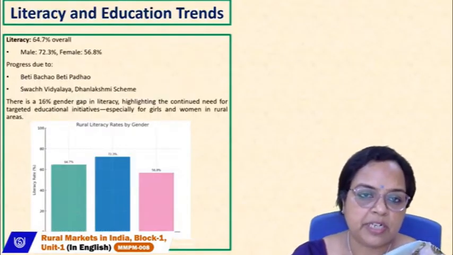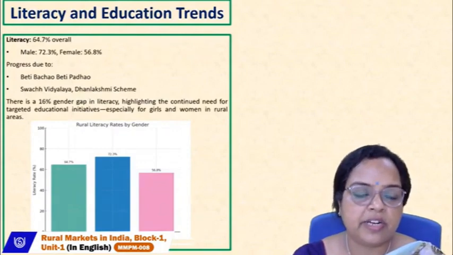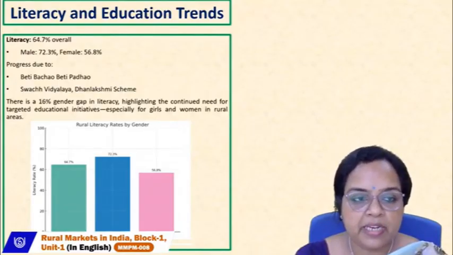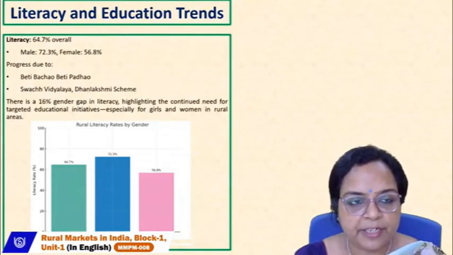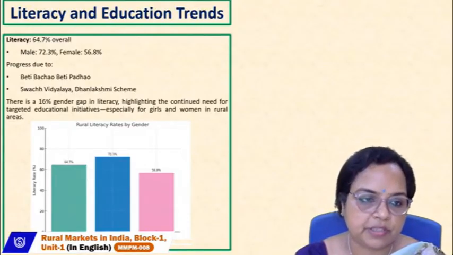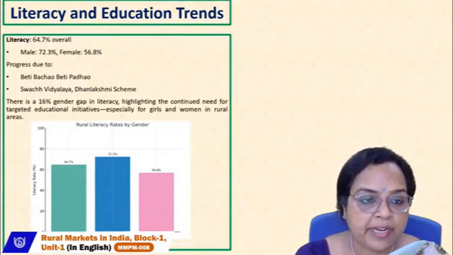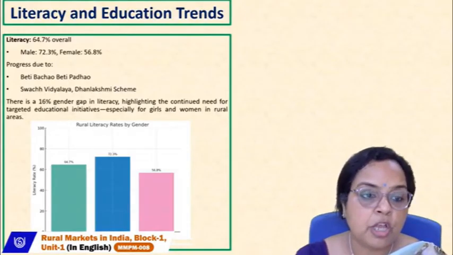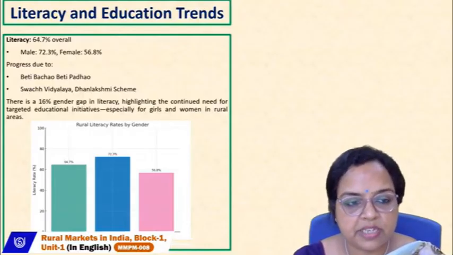Next comes literacy and education trends. The literacy rate in the rural belt is almost 64.7%. Male literacy rate is 72.3%. Female literacy rate is 56.8%. Why has the female literacy rate progressed? Due to, as we all know, Beti Bachao, Beti Padhao, Swachh Vidyalaya, Dhanlakshmi schemes.